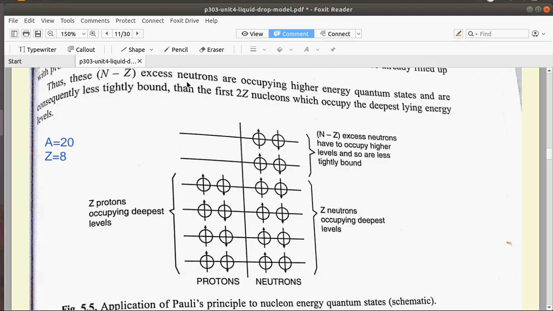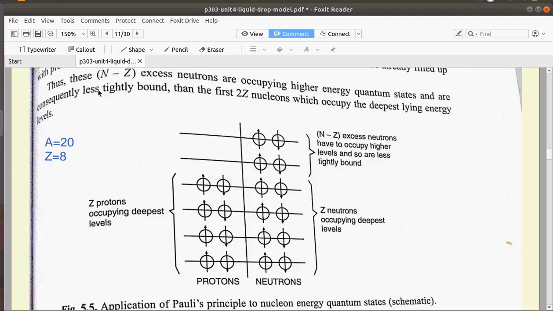So these neutrons are occupying higher energy quantum states, and there is no corresponding proton for them here. We expect that these four form a proper interaction pair, but for these neutrons there are no protons available.